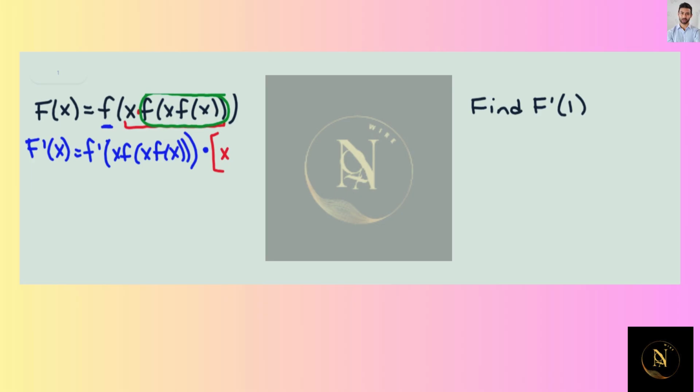So that will be f prime of its inside times the derivative of its inside. So the derivative of x f of x. Well, that is a product. So we need to use the product rule on that. So that would be the first x times the derivative of the second f prime of x plus the second f of x times the derivative of the first 1.